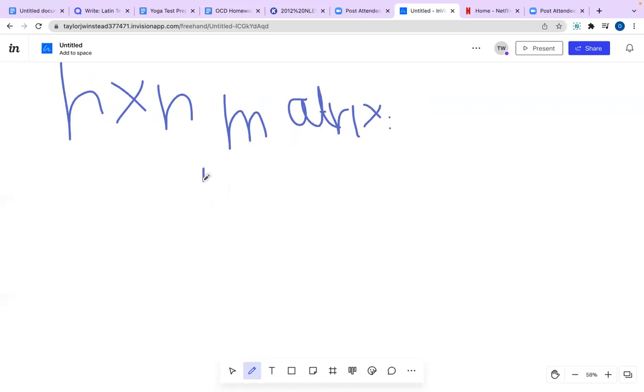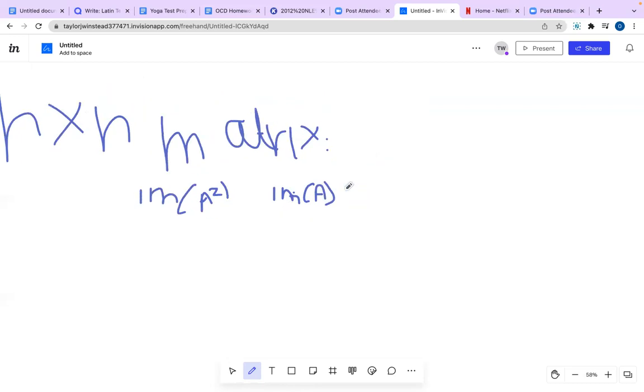What we want to show is that the image of A squared is a subset of the image of A. And I like this proof because it's cool logic and a little tricky. But sorry, if you didn't figure out what I meant by subset, it's that each vector in the image of A squared is also in the image of A.